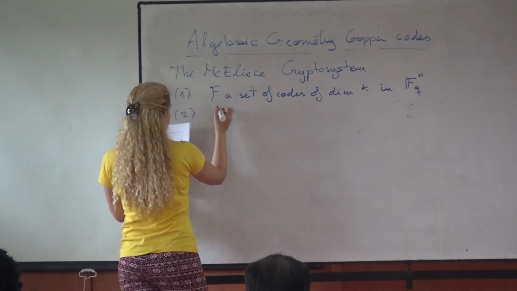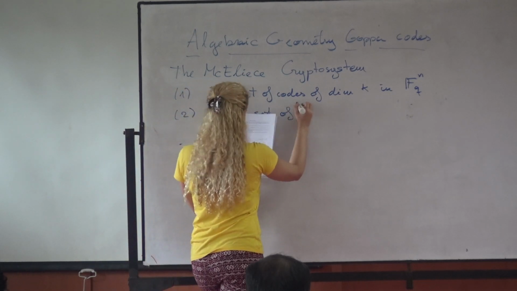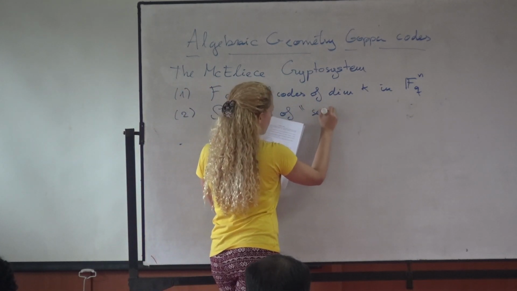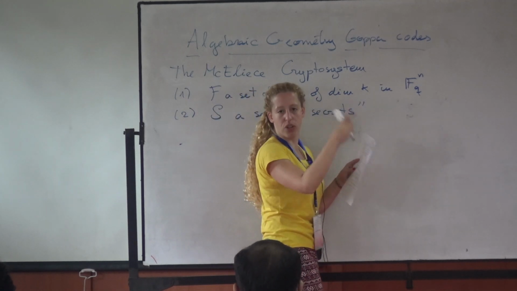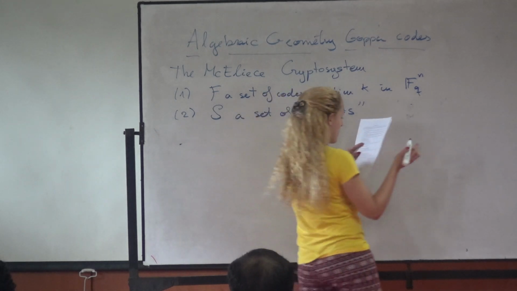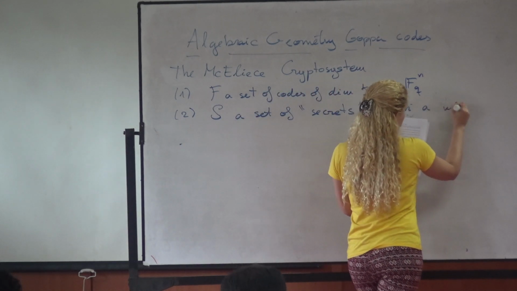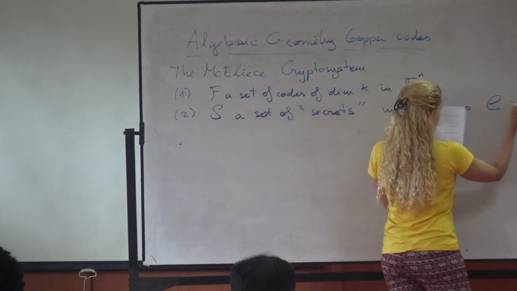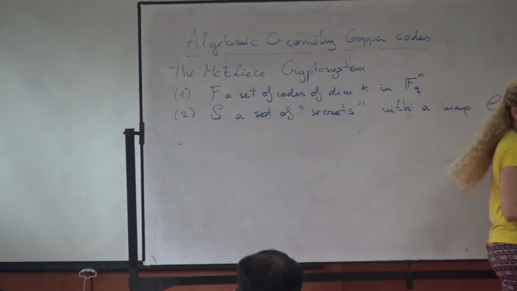Then you also need S, a set of secrets. Those secrets are the things that you want to send to someone else in a secret way, with a map that goes from the secrets to the codes.